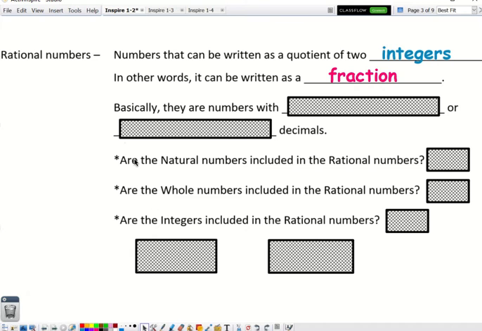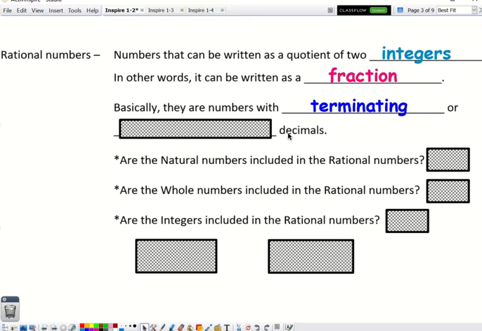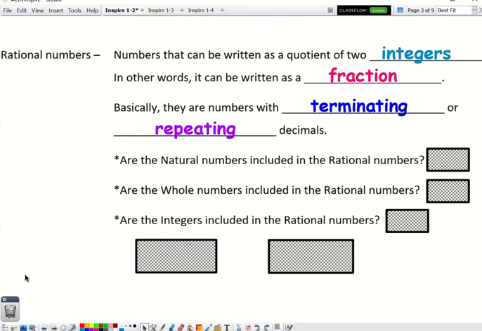But there's a maybe unofficial, easier way to remember what rational numbers are all about. Basically, they are numbers with what kind of decimals? How can you describe the decimals of a number that's rational? Well, it's terminating, which means it ends at some point, or repeating.